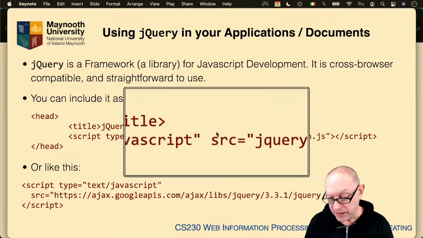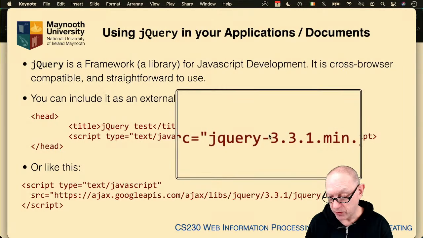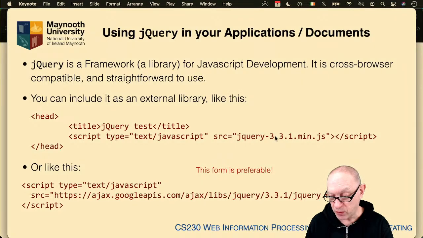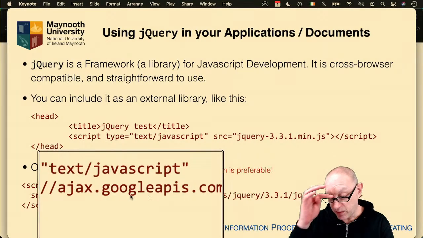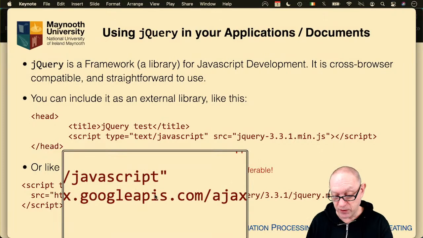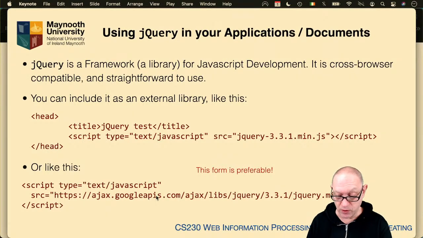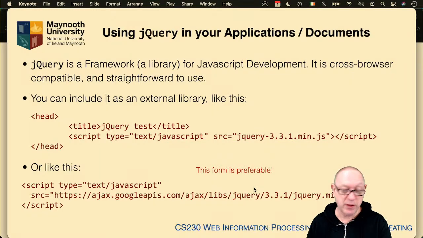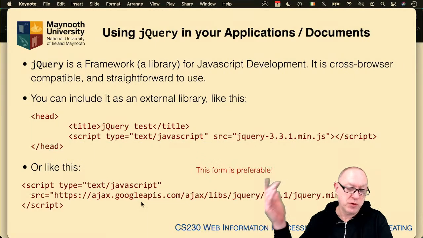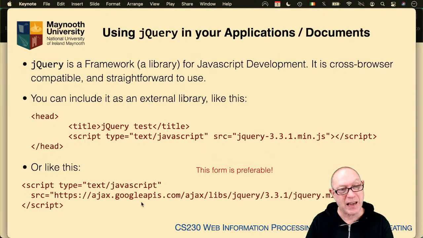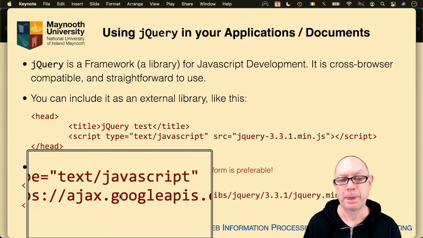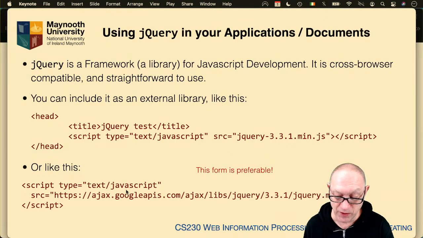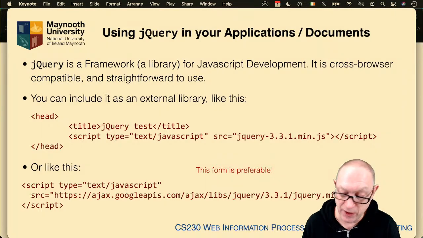And you can include it as an external library. You can either download it and include it yourself, or you should use something like the Microsoft APIs or the Google APIs so that you can pull it down and get the most from the server. If you do this, then it's going to be cached and you don't have to load it every time. Everybody uses this kind of thing and it's cached and it makes life a whole lot easier for everybody.